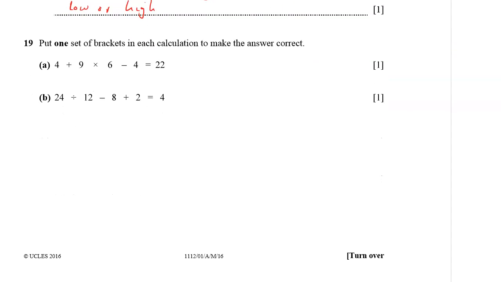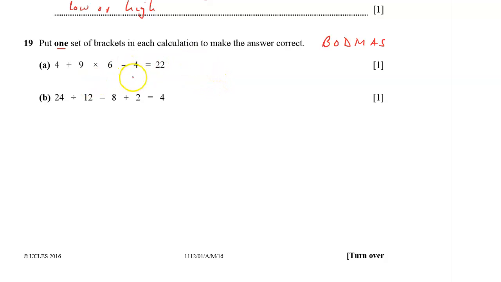Number 19. Put one set of brackets in each calculation to make the answer correct. Of course, you need to think of BODMAS: brackets, order, division, multiplication, addition, and subtraction.